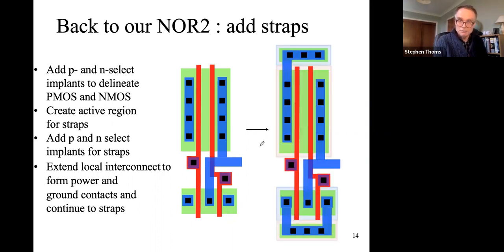So if we do all that, we can see we've got the P-select around here for the PMOS. We've got the body connection up here, so we extended these connections to the transistors and made a connection to the local body area. So strap here for VDD, strap here for VSS for the NMOS.